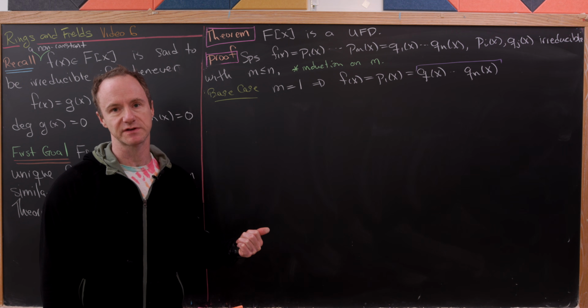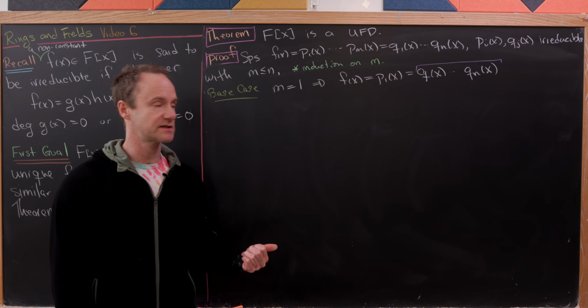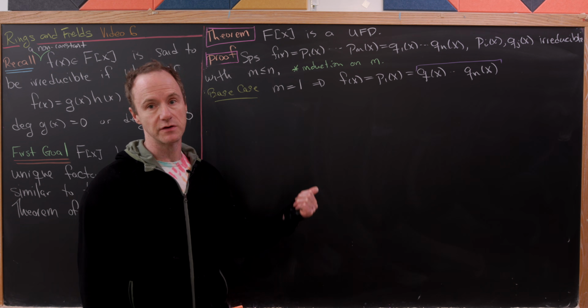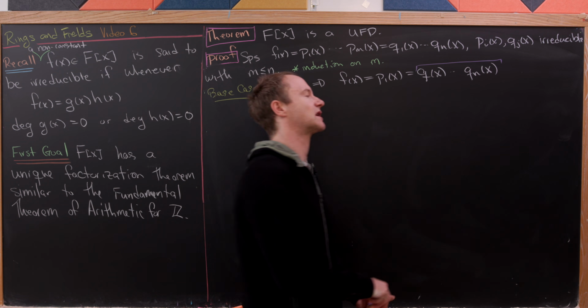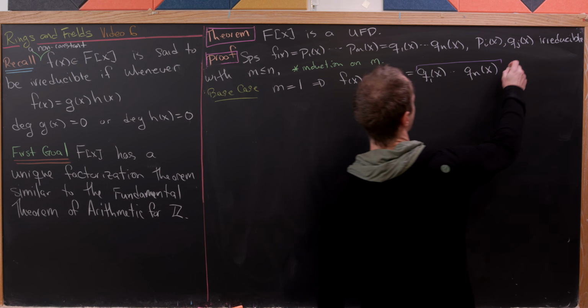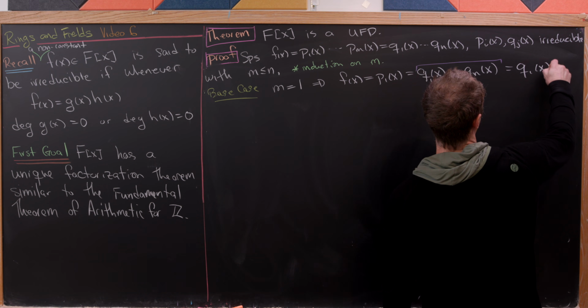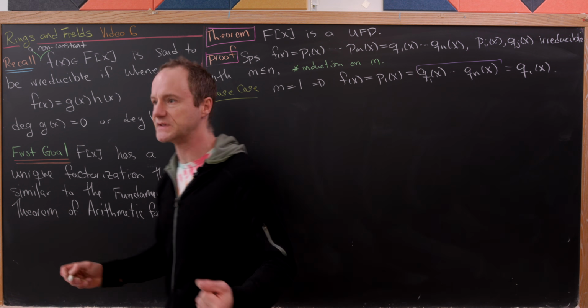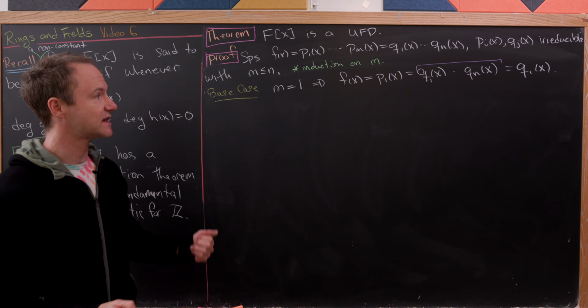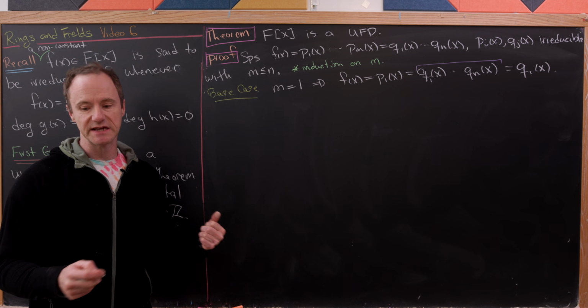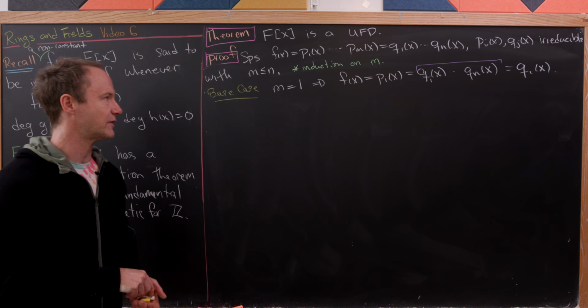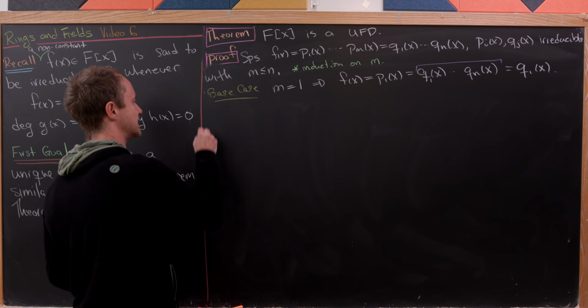But irreducibles are non-constants. That means that none of those can be constants, which means it's going to collapse all the way down to just one thing. So we've got this is equal to q1 of x. So anyway, that proves that m is equal to n in this case, and that the polynomials are associates of each other. Anyway, there's not really a ton to do in this base case.